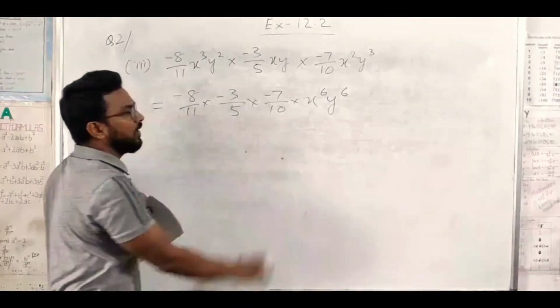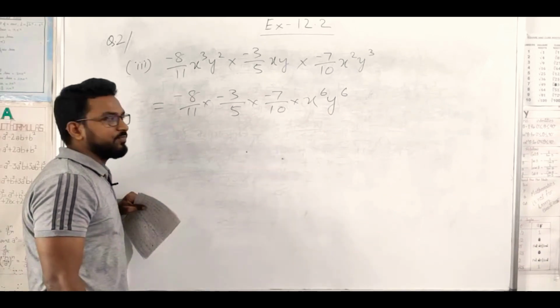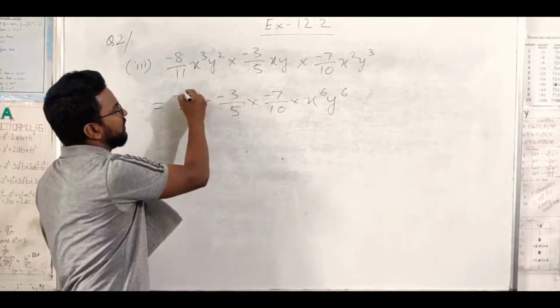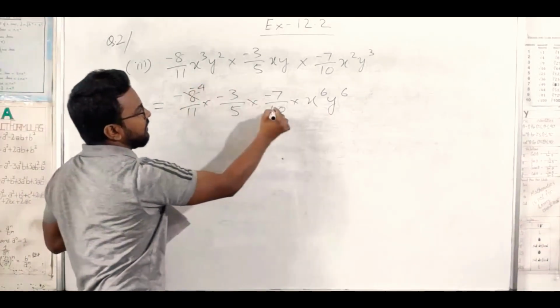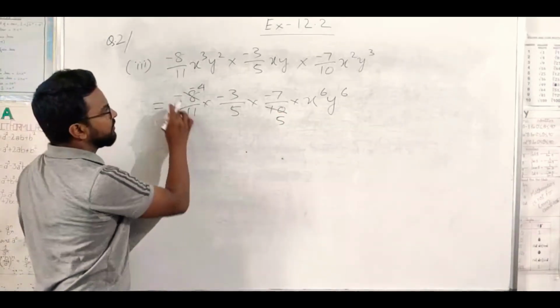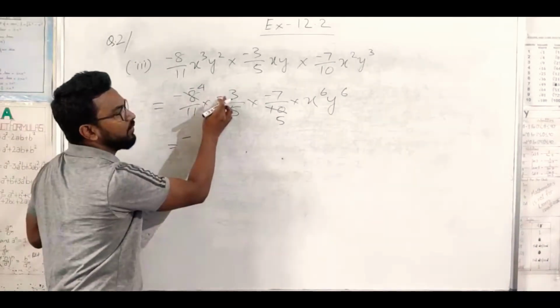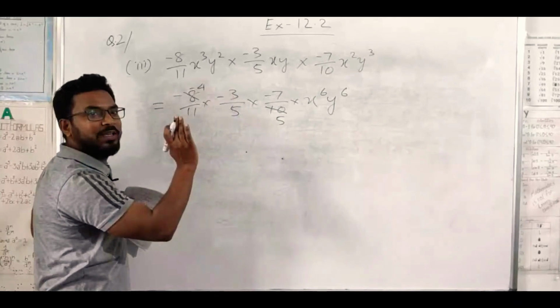Now we'll multiply this one. Now we'll see whether these numbers can be cancelled or not. So here you see you can cancel it. 2 4s are, and this will be 2 5s are. Okay, now here you see the minus sign is in odd number, so the minus sign will remain. Minus minus, it will be plus, plus minus again it will be minus.